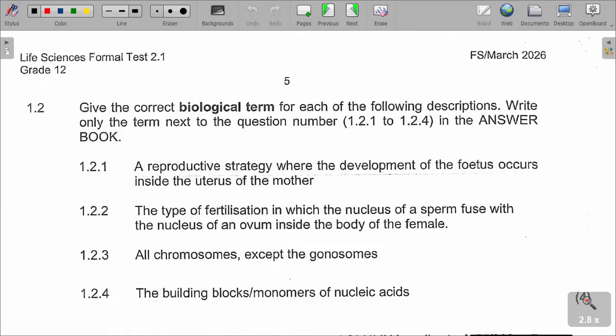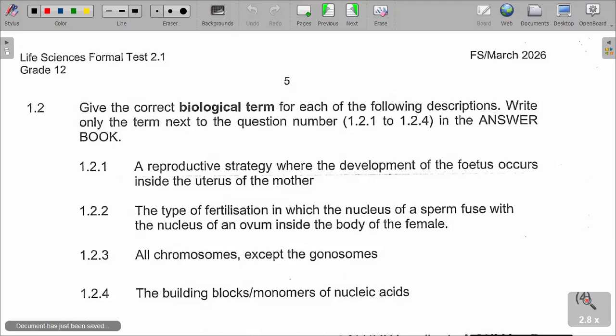We have talked about this again on Metric Hub. It is given and explained enough that this is vivipary, which allows the fetus to develop inside the uterus of the mother.